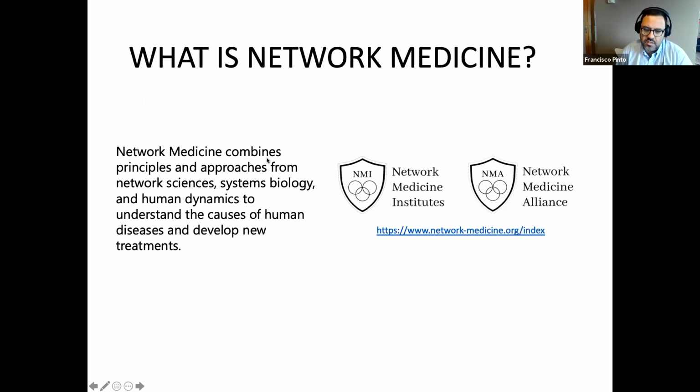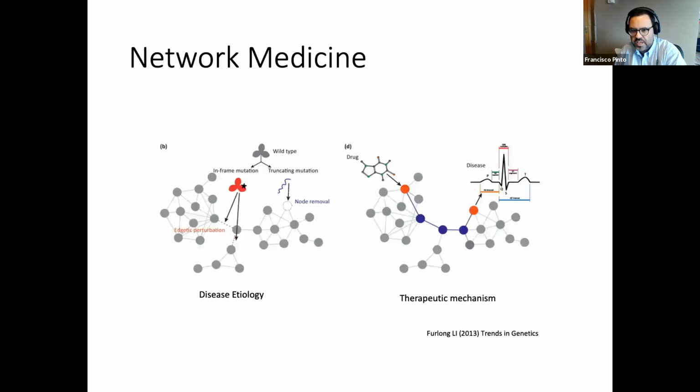Network medicine combines principles and approaches from network science, systems biology, and human dynamics. I don't know exactly what they mean by human dynamics, but the aim is to understand the causes of human diseases and develop new treatments. You can consult the network medicine site, which has a history of network medicine and some links to groundbreaking papers in this area if you are interested.